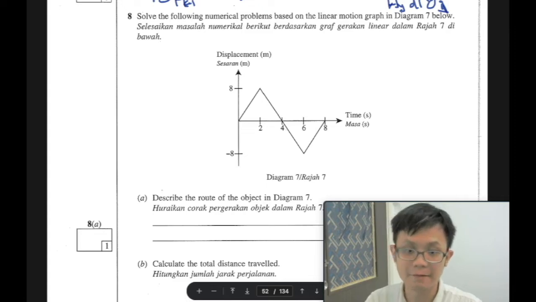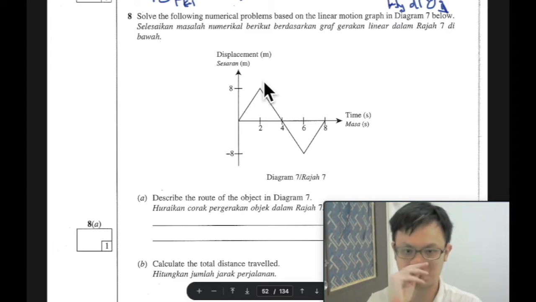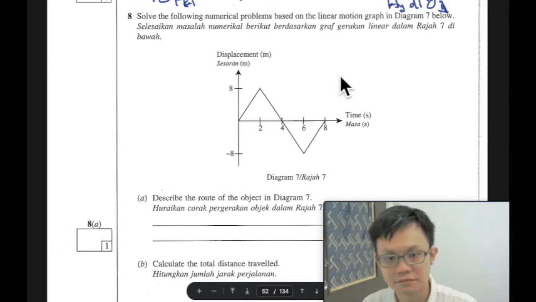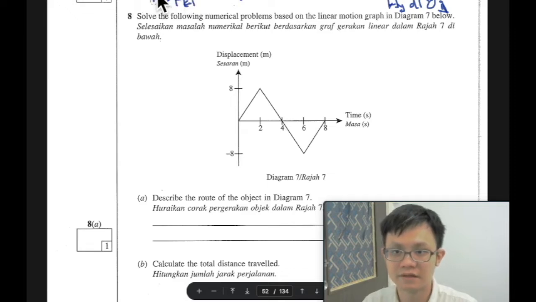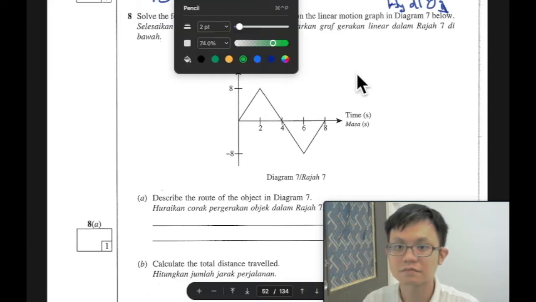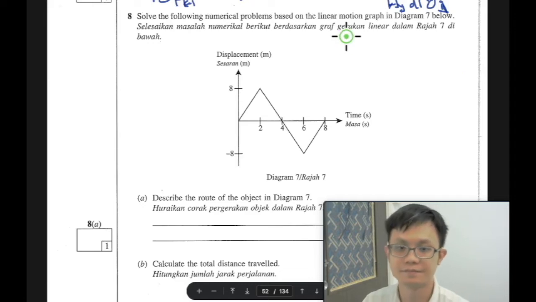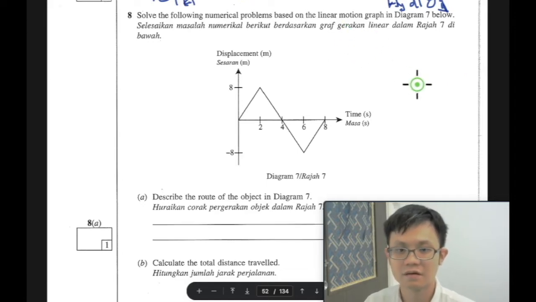What's the difference between displacement and distance? Displacement, how to say? Distance is the total length, the total distance traveled.